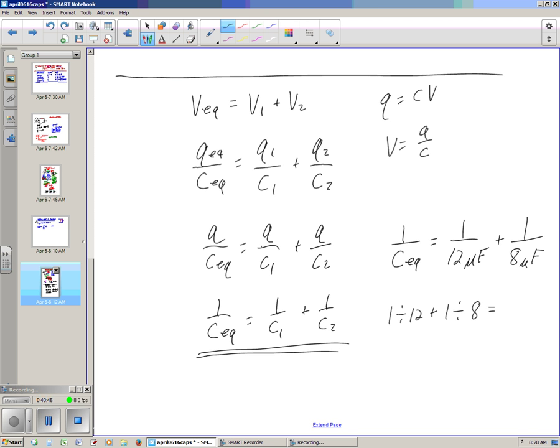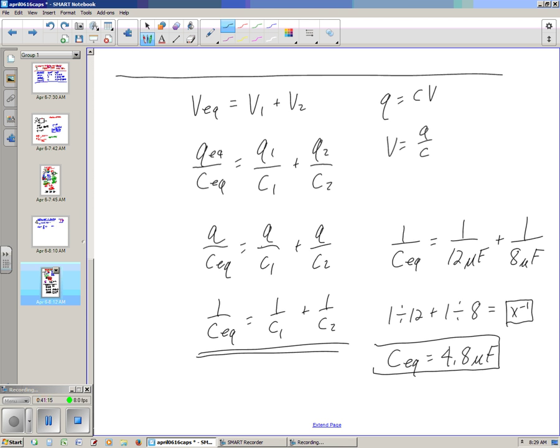And after you hit the equal sign, we need to take the reciprocal. Again, there's no need to write anything down or store any numbers. You just type in on your calculator the key that says x to the negative 1, which is the reciprocal key. And if you do that correctly, what you're going to get here is that C equivalent is equal to 4.8 microfarads.